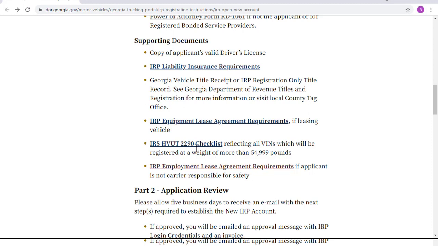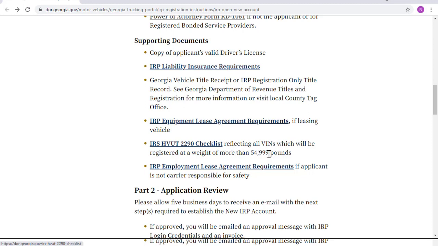Now, let's go with the heavy vehicle use tax. That's your HVUT, heavy vehicle use tax, that Form 2290. Yeah, that issues that Schedule 1. So reflecting all vehicles which would be registered at a weight of more than 54,999 pounds.